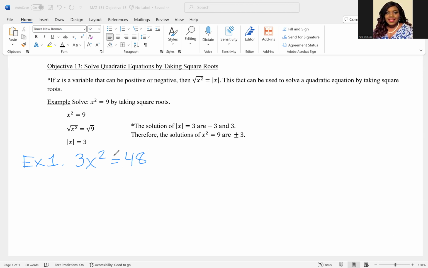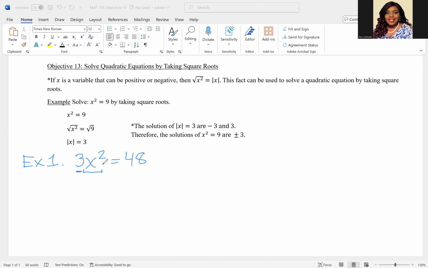So in order to solve this, okay, remember we're solving by taking square roots. For this particular problem, we can't just jump in and take the square root right away, okay? We need to first tackle that 3, okay? So the 3 is being multiplied by the x squared.